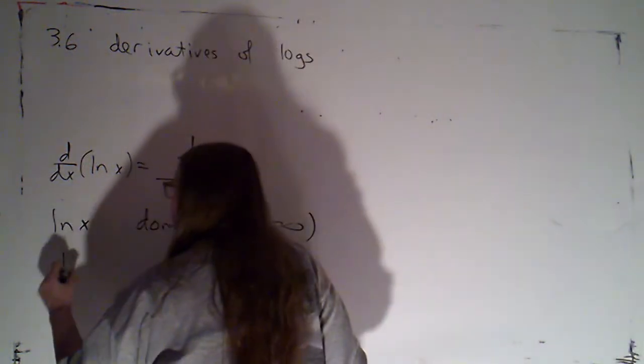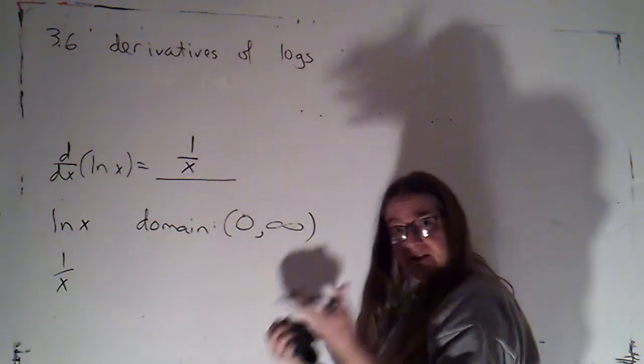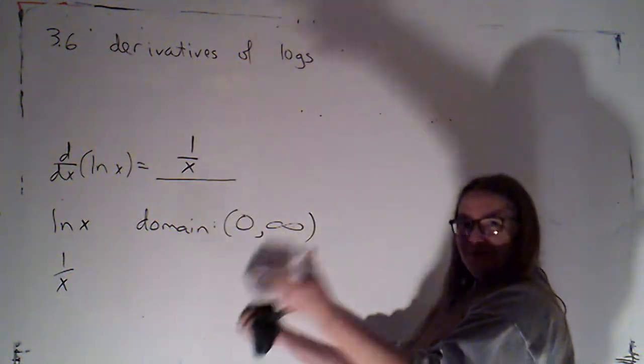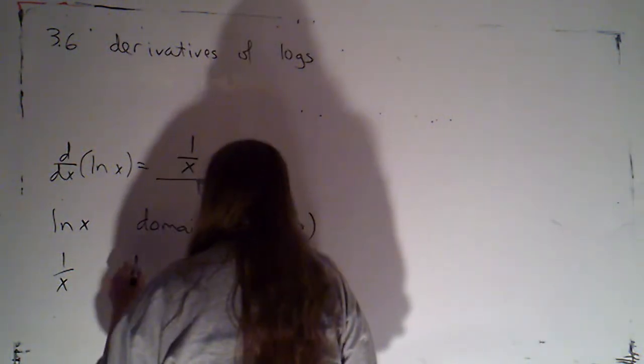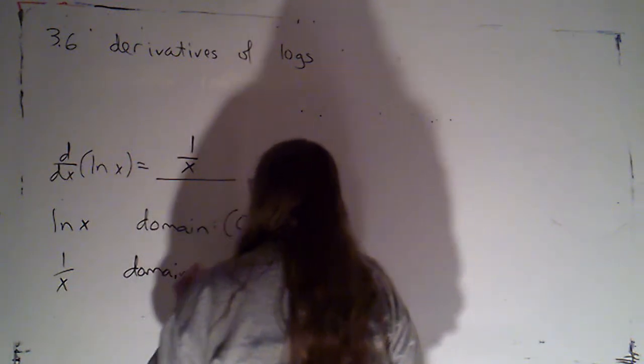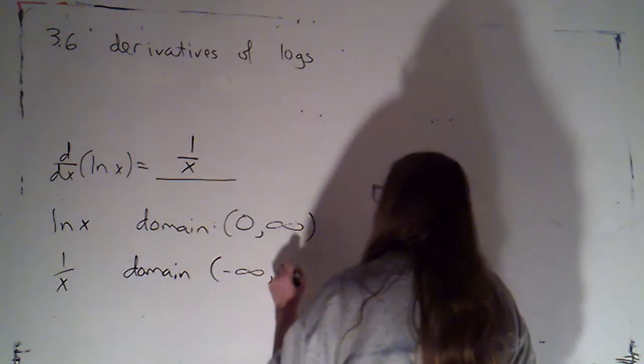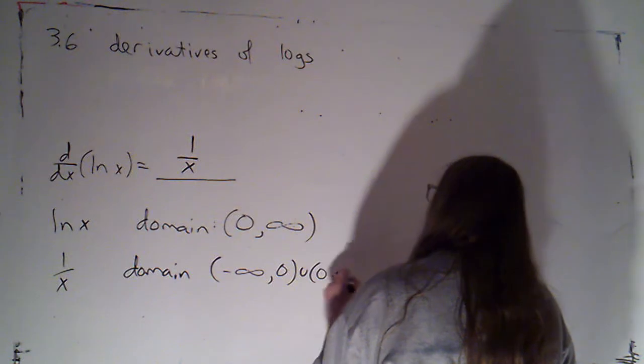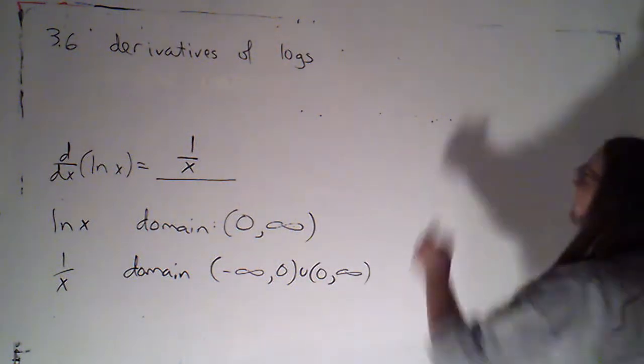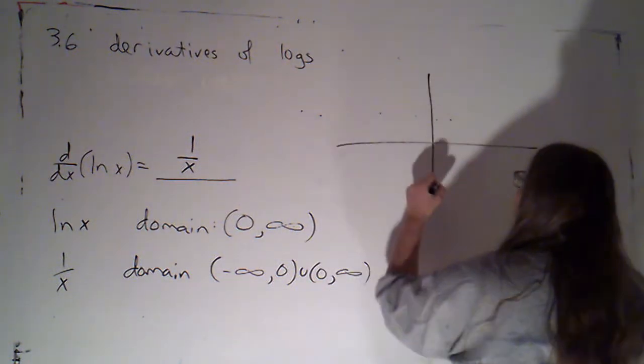Now, the function 1 over x, if I'm just looking at it in its own right, not as being the derivative of the natural log function, has as its domain everything from negative infinity to 0, union from 0 to infinity.